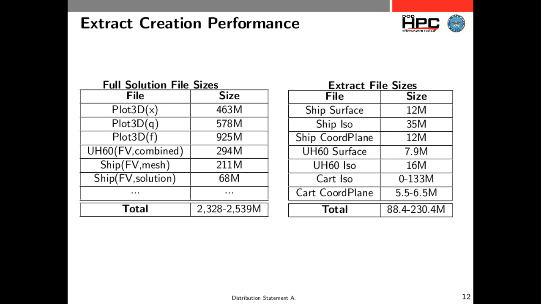On the right, you see the extract file sizes: the ISO surfaces and coordinate planes are much smaller. Obviously, if you ask for a ton of different extracts, you might get all the way back up to the full solution file size. But with a reasonable number of extracts, like in this case, the file sizes are 10 to 100 times smaller, depending on what you're looking at.